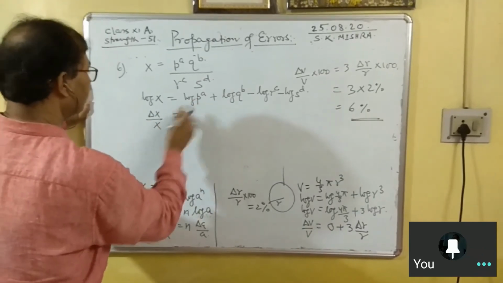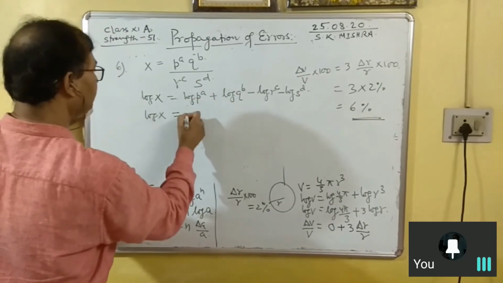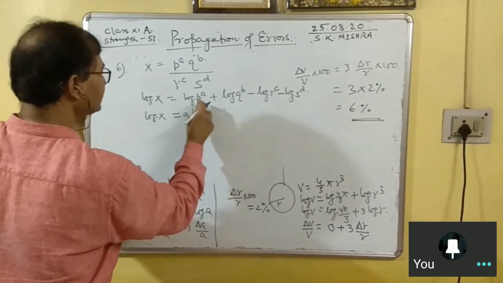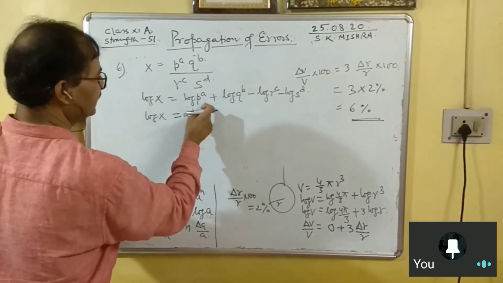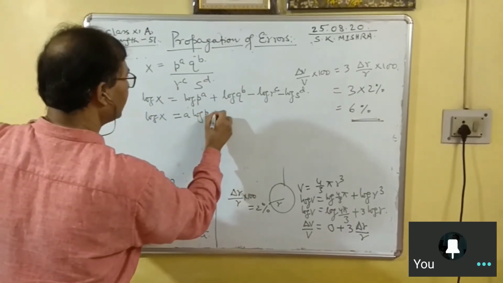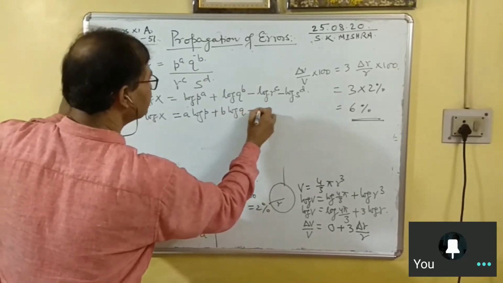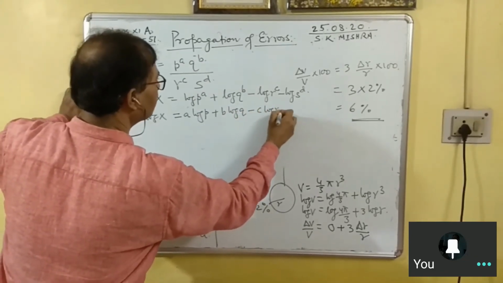And first I write log x is equal to a log p. Log of x raised to n means n log x, so the power will come first. So log x is a log p plus b log q minus c log r minus d log s.